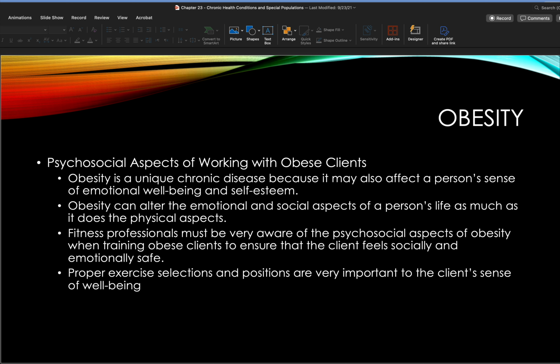So we have to understand that a lot of these obese individuals, and I hate saying it because it sounds so bad, but they're down and out. They feel down and out, and some of them may not, but for the most part, many of them do. And it's tough, because now you're trying to take yourself, who doesn't feel confident about anything, and put yourself out there.